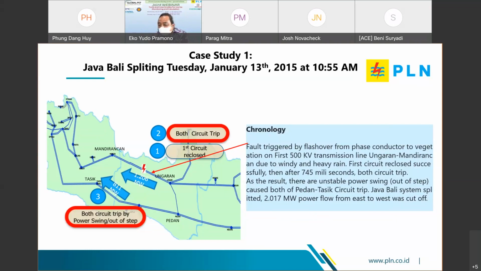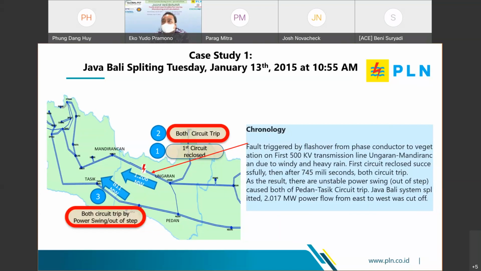As a result, unstable power swing or out of step happened, causing the Padang Tasik circuit to trip, and the Jawa Bali system split. The west area of Jawa Bali lost 2017 megawatt from the east.